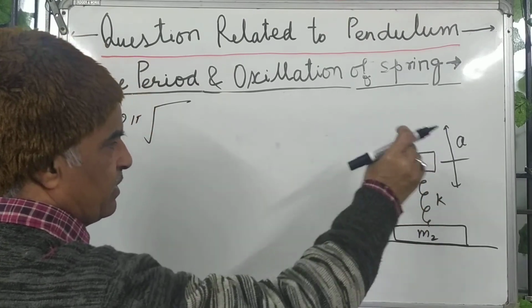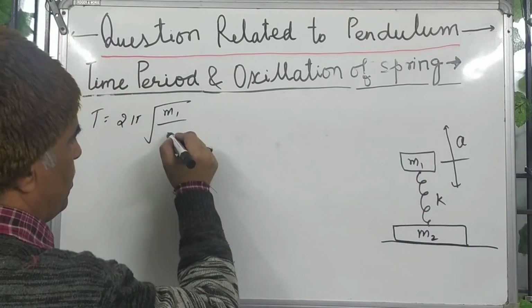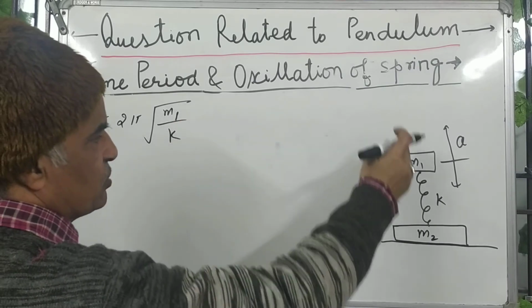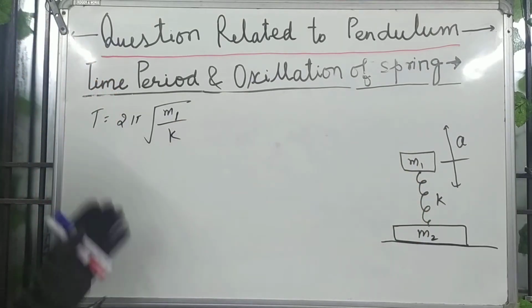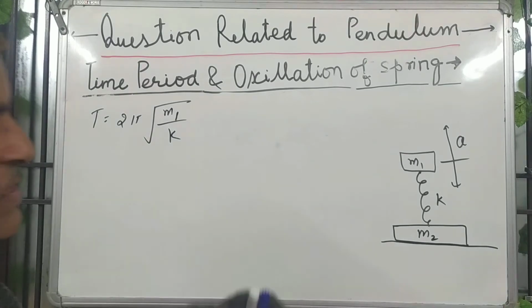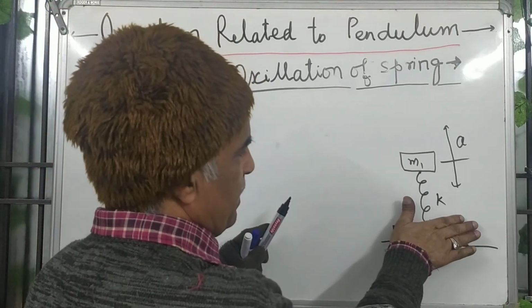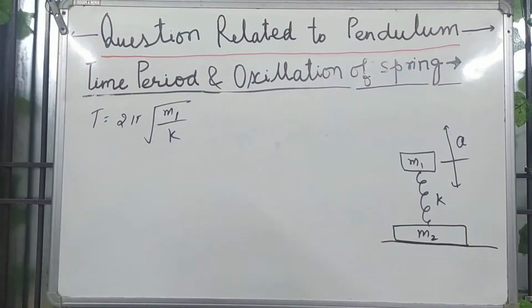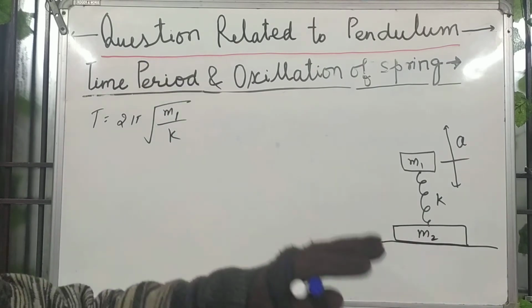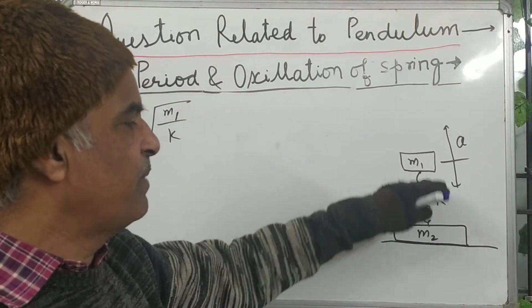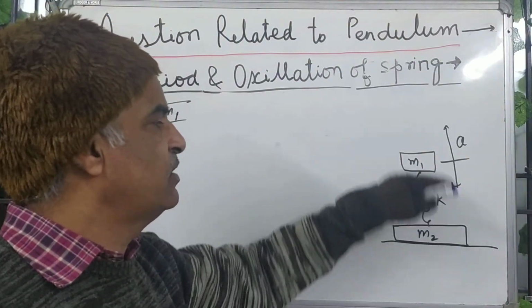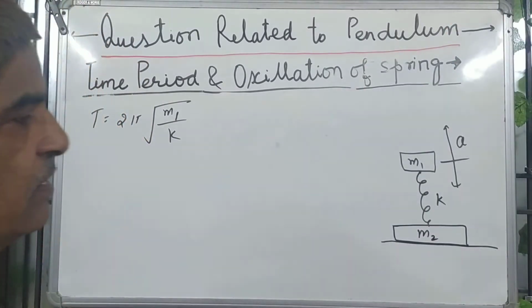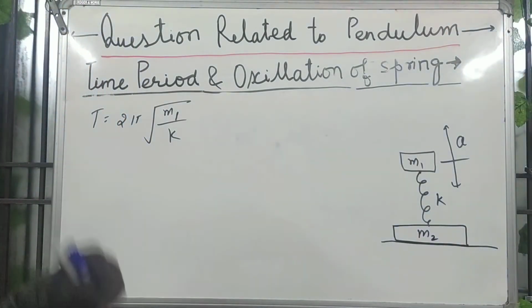Even if there is no mass and the spring is like this, then also this will be the answer for time period, T equals 2 pi square root m1 upon k. Second case, it is very important: the mass is not hanging, the mass is on the spring, and this will be the time period.